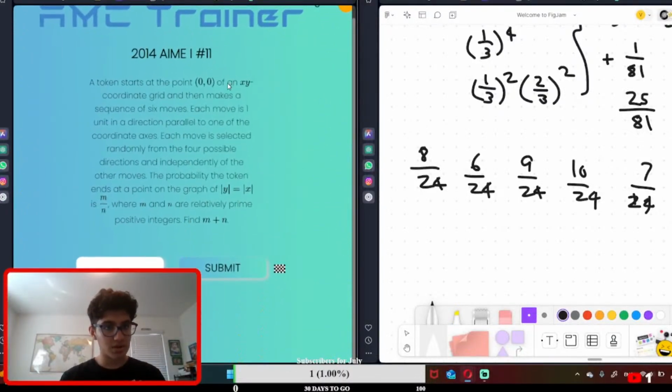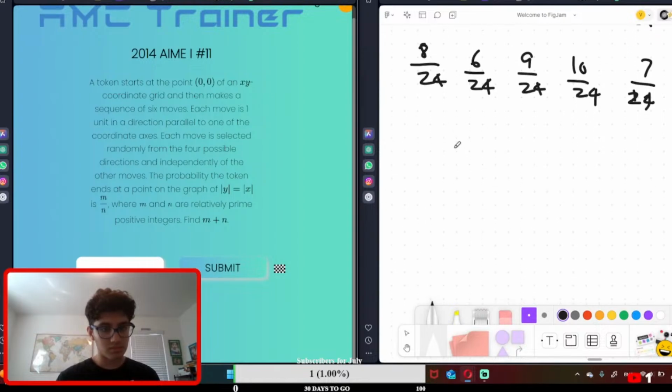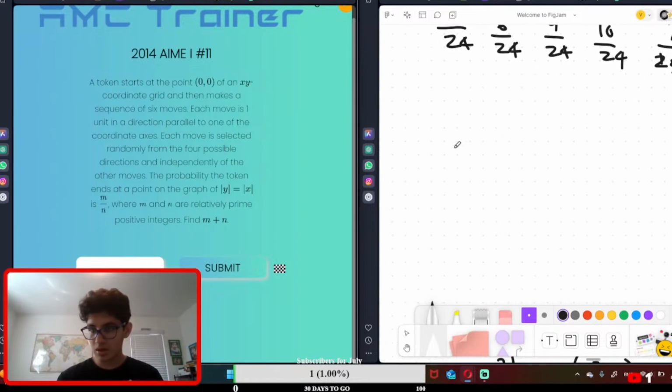AMC number 11. A token starts with a 100 and then makes a sequence of 6 moves. Each move is selected randomly and independently. The probability that the token ends at a point on the graph. Okay, wait, let's take a look here.